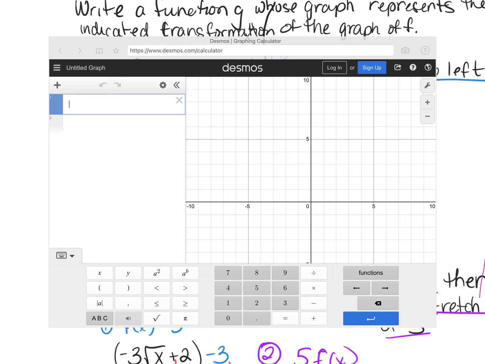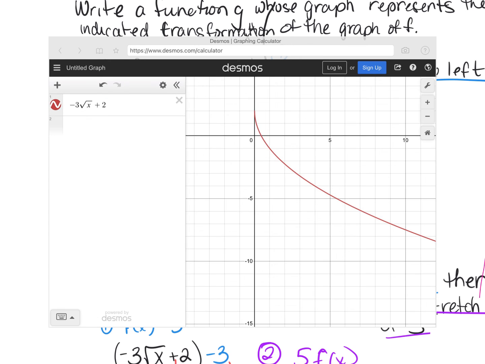Okay, so it was -3 square root of x plus 2 on the outside. Kind of a funny looking graph here, right? How come you don't write g of x on the first step? Because it's not g of x until I've done both transformations.